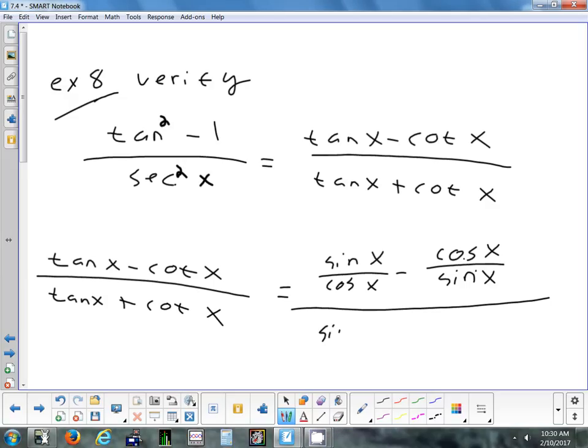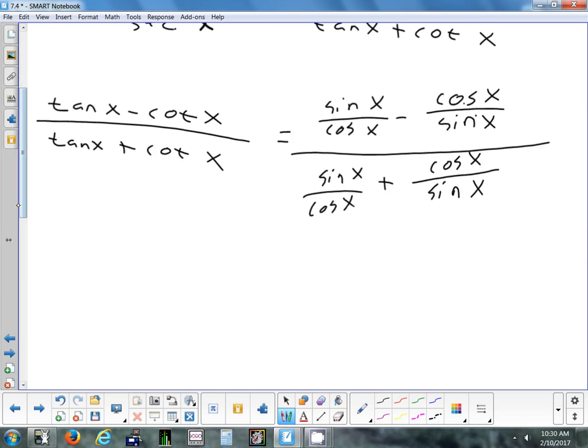So it's sine over cosine plus cosine over sine. Okay, this might have been a problem where I could have tried the conjugate. I could have tried multiplying top and bottom by like tangent minus cotangent. And I think that probably would have worked out nicer, but let's try this and see what happens.